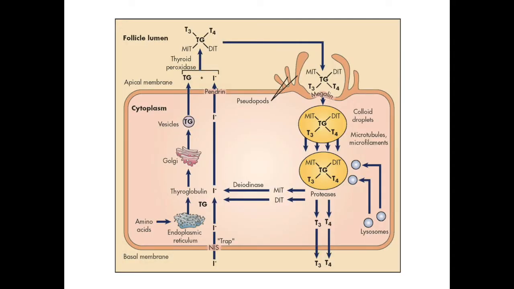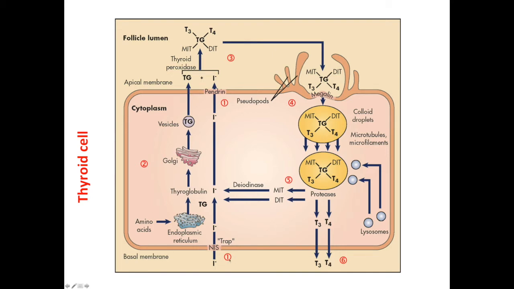So there's a fairly intricate synthetic process to creating thyroid hormone, and this figure describes it in some detail. And so we have many steps. You have the thyroid cell with the basal membrane facing the blood, and then the apical membrane which faces the follicular lumen.